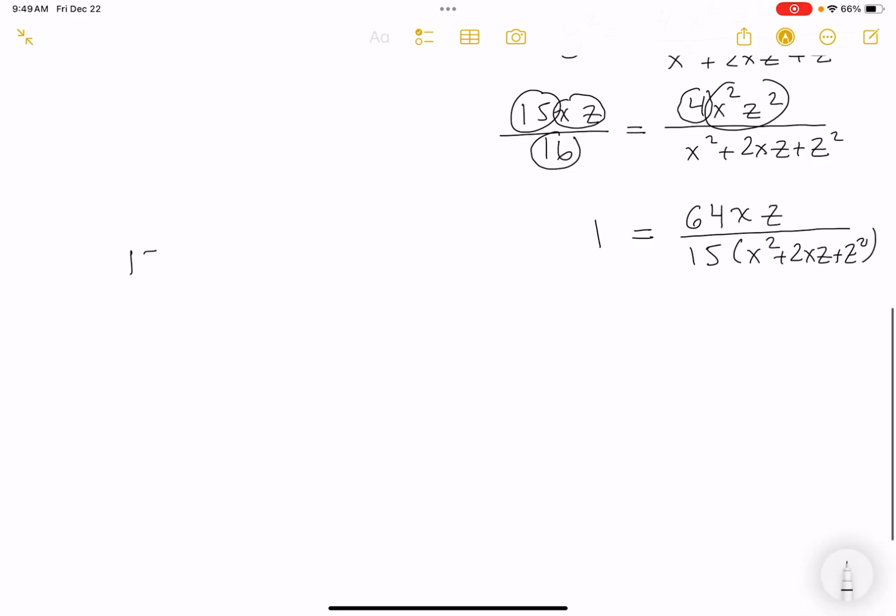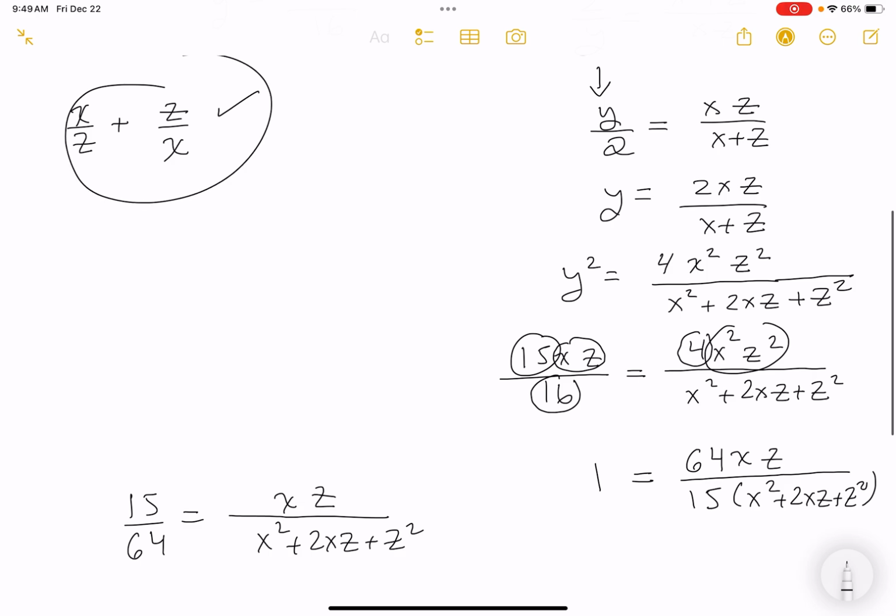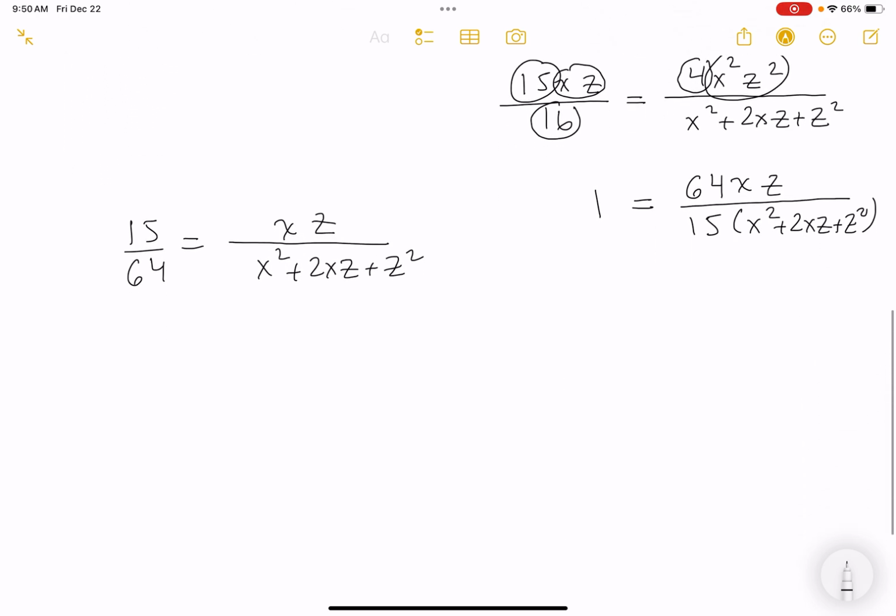I'm going to say, well, 15 over 64 is equal to xz over x squared plus 2xz plus z squared. I'm getting closer. I'm getting sort of like this over here, but I'm realizing I got to get this thing written in terms of multiple fractions. I'm going to take the reciprocal of both sides now. So 64 15ths is equal to x squared plus 2xz plus z squared over xz.